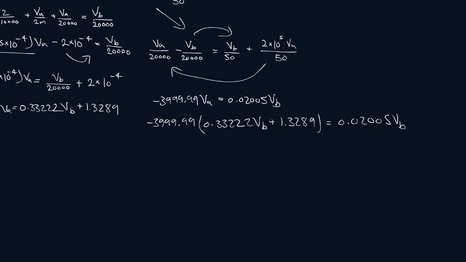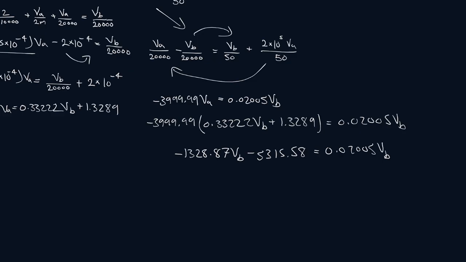Okay, and then let's FOIL everything in. So it'll be minus 1328.87 VB minus 5,315.58 equals 0.02005 VB.